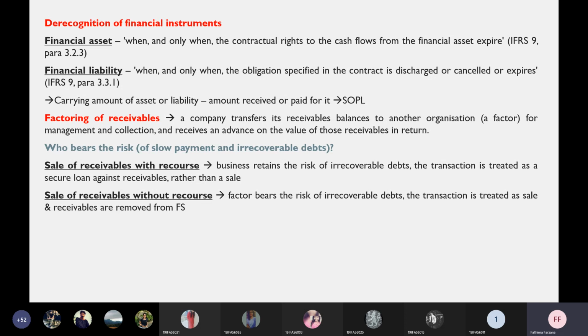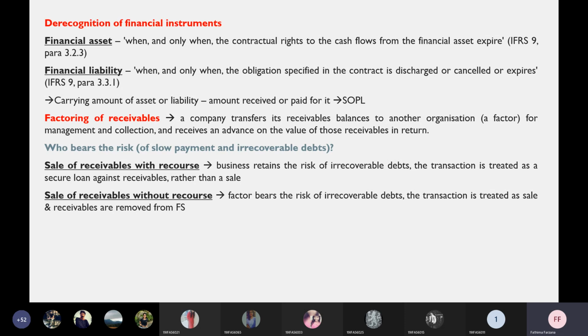If it is sale of receivables without recourse, it means I transferred my receivables to XYZ, so XYZ is in charge of the risk, everything. They will take care of the risk, everything. In that case, company A will not recognize receivables anymore. They'll completely transfer to them. They'll expense it out. No more the receivables.